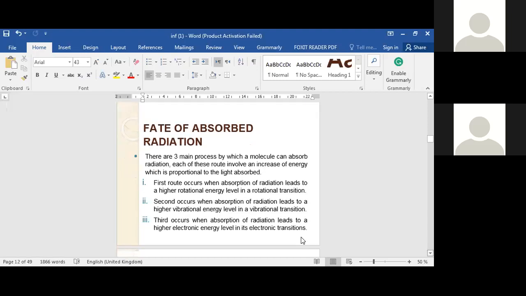Third one occurs when absorption of radiation leads to a higher electronic energy level in electronic transitions. So similar to the UV-visible, we dealt with the electronic levels.